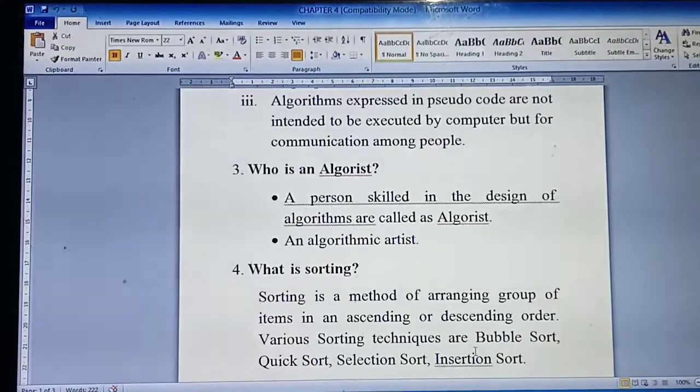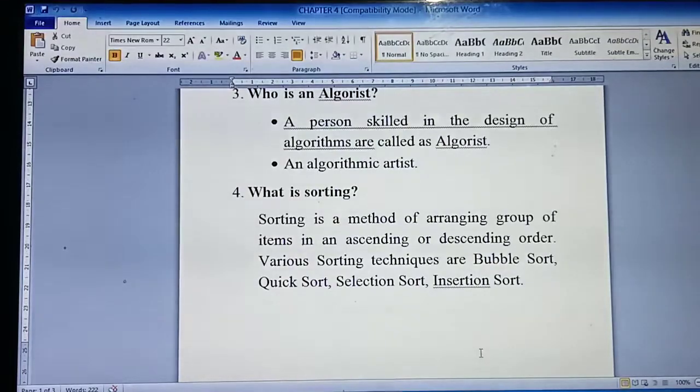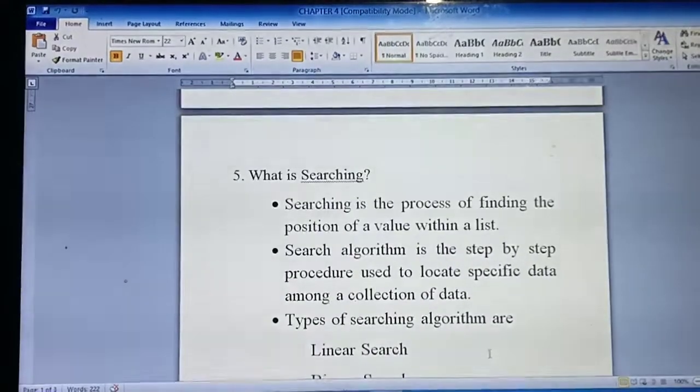Completed, students? Yes, completed this one. Write the fifth question answer. Okay. Completed, all of you? Okay. Then write the fifth question answer.